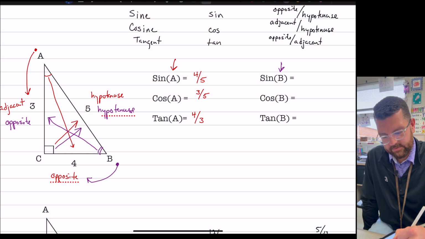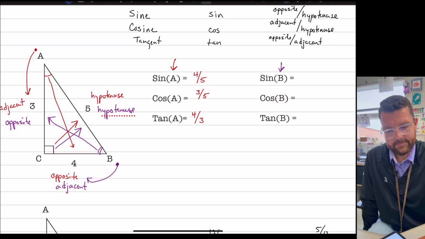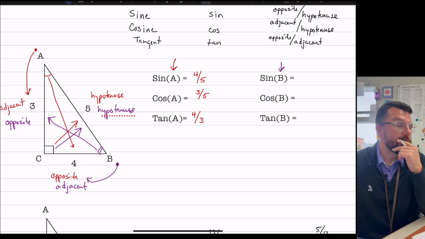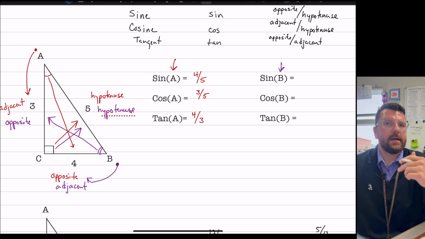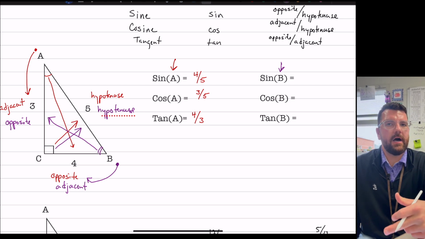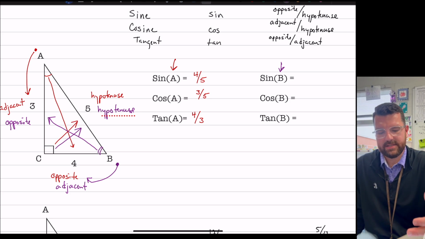And then next to my angle is my adjacent side. So notice that some of my sides flipped. What was the opposite became the adjacent. What was the adjacent became the opposite. My hypotenuse did not change.